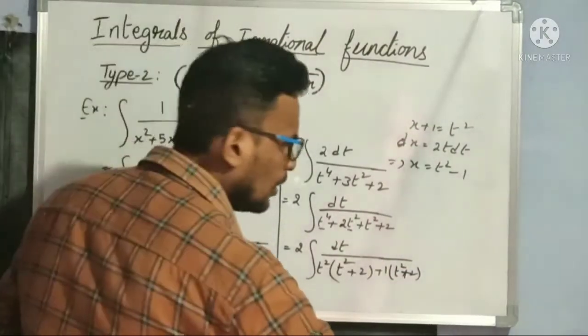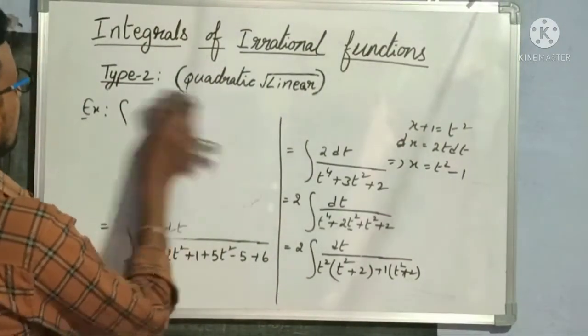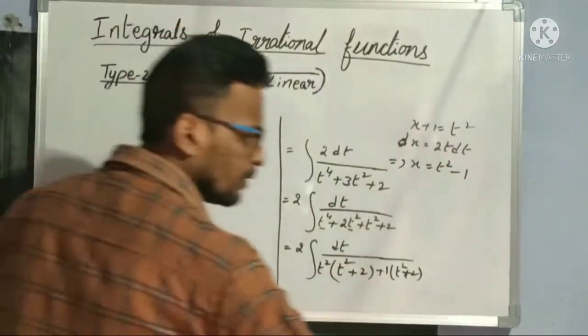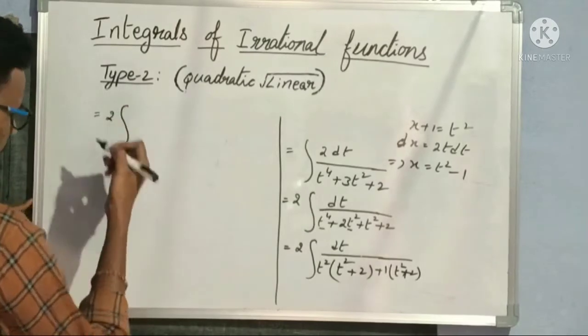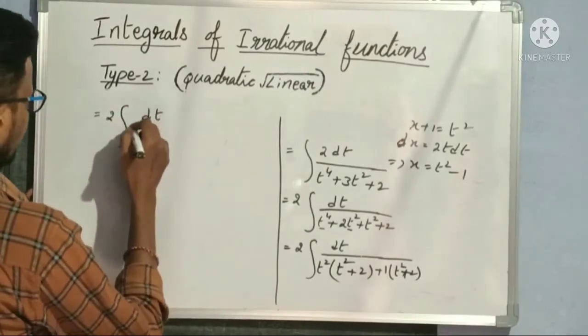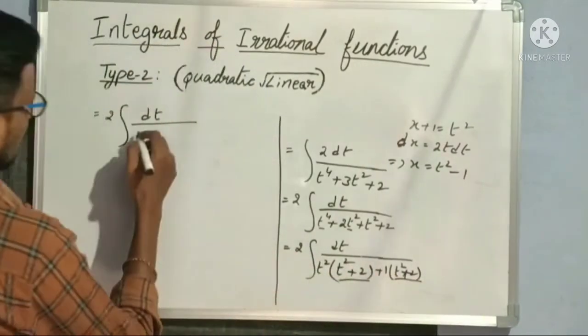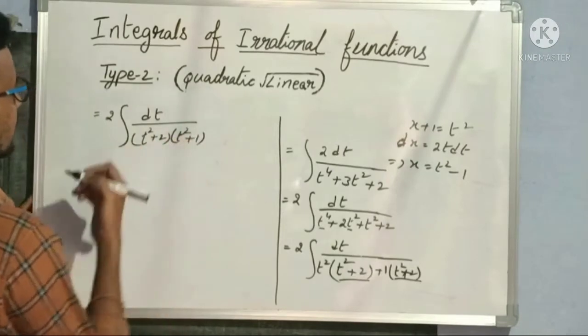So now, continuing, that is equal to 2 outside integral dt by t square plus 2 into t square plus 1.